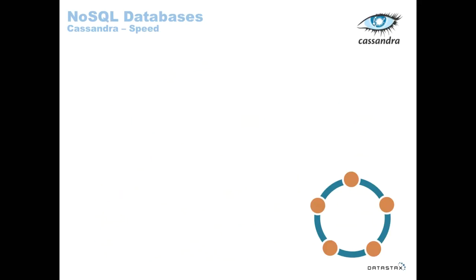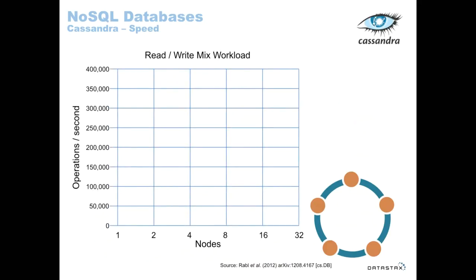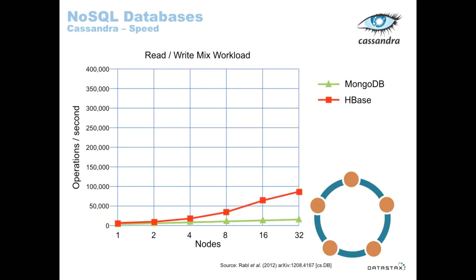So the speed of Cassandra, looking at some data for a read-write mix workload and various numbers of nodes. For MongoDB, there was a little bit of an improvement in operations per second as you increase the number of nodes.